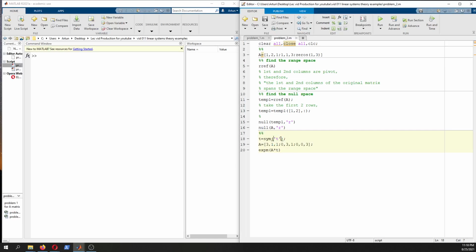This is a symbolic toolbox computation, and this is our A matrix, and expm is important because otherwise, if you write something like this, it would give you e to the each entry of that matrix.